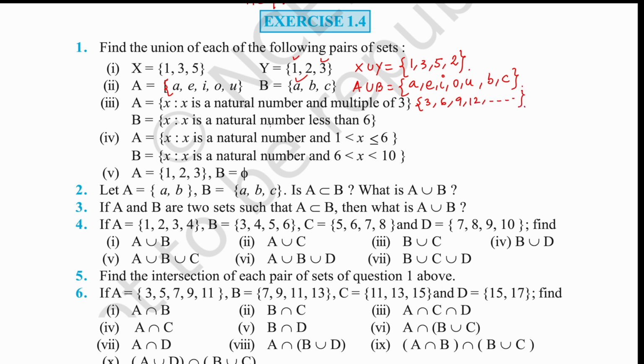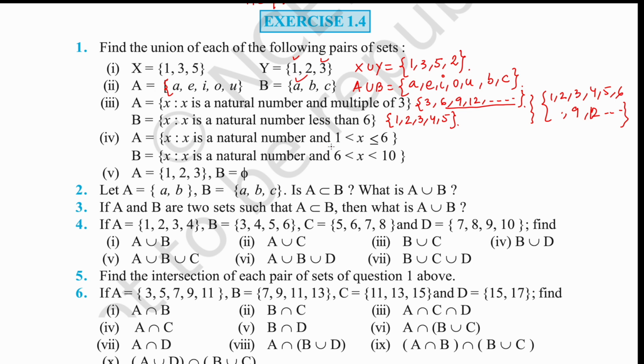And the second has 1, 2, 3, 4, and 5. Now, if you want to take the union, you have to take a set which contains the elements of both of these sets. So you have to include 1, 2, 3, 4, 5, and from the first set, all these elements are going to be included. So you have 6, 9, 12, and so on. Correct? So this is your answer.